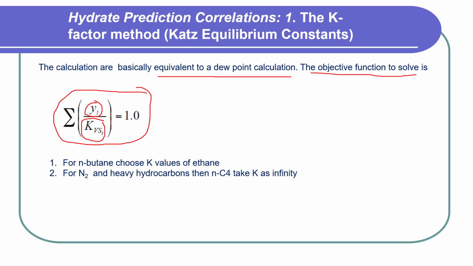The summation for all the components will be equal to 1. And as a rule of thumb or as a guideline, if you have N-butane in your gas mixture, you're going to use the K value for N-butane similar to ethane, because you don't have a K value for N-butane in this case. And if you have nitrogen and heavy hydrocarbons greater than NC4, which is N-butane, you take K to be approximately equal to infinity.